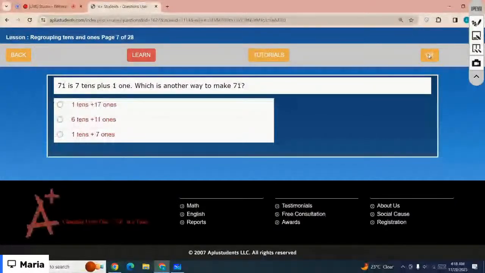71 is 7 tens and 1 one, which is another way to make 71.